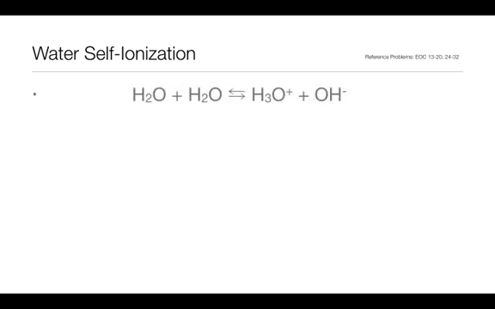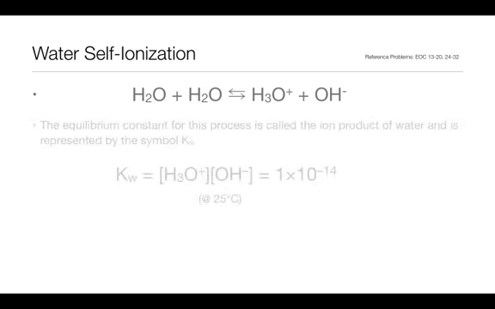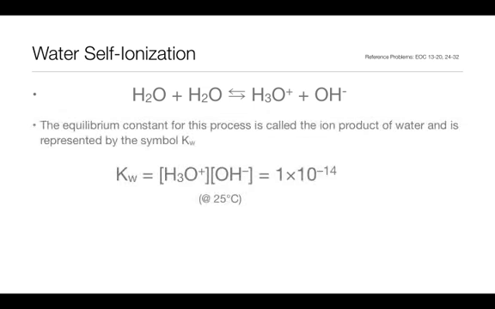We've introduced the water self-ionization reaction when we first introduced acids and bases. What we're going to look at now is how do we use this equation in our equilibriums. Now, as we've seen with some equilibrium expressions, we write it out so that we do not include any liquids and solids. For that reason, the water molecules that we have on the left-hand side or the reactant side are not included in our equilibrium expression.